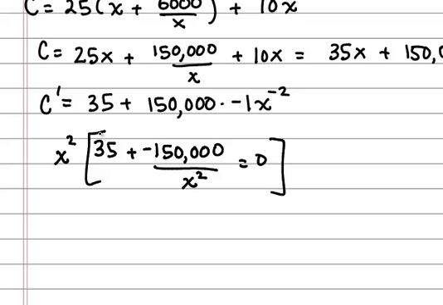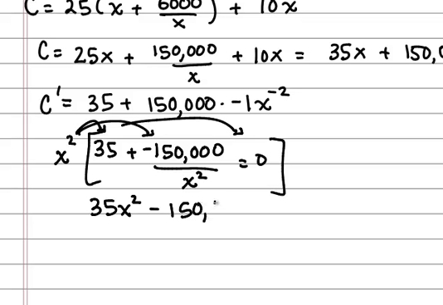I'm going to multiply through by x squared in order to get it out of the denominator. So that gives us 35x squared minus 150,000 is equal to 0.